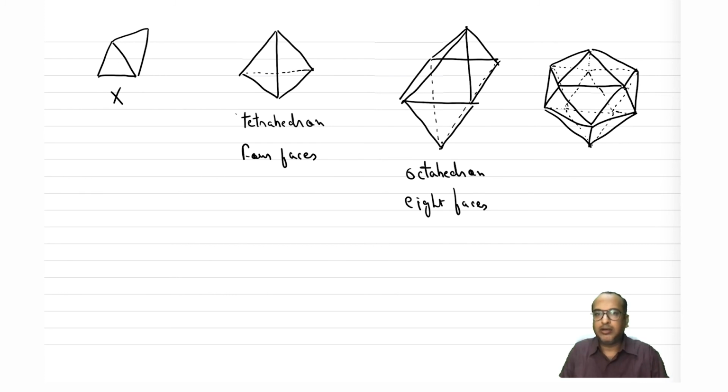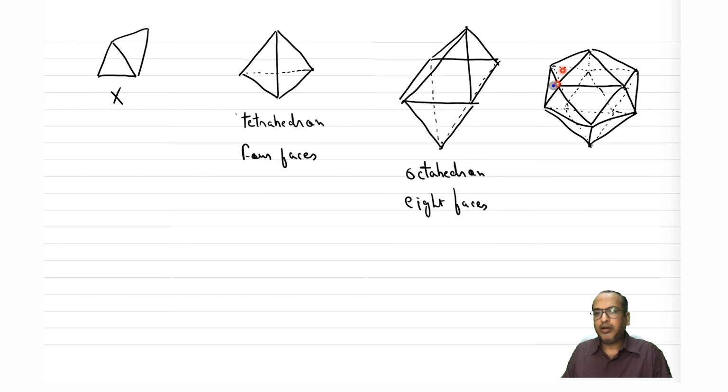So let's try to count. Looking at this vertex, you have 1, 2 and 3 sides, and then 4 and 5, right? So pick up any vertex. Here also it is easy to see: 1, 2, 3, 4, 5, right?